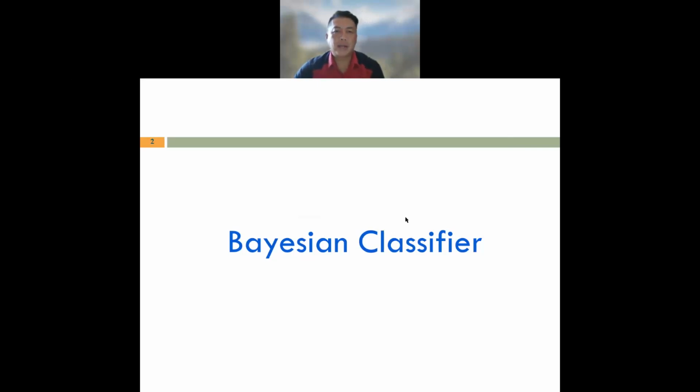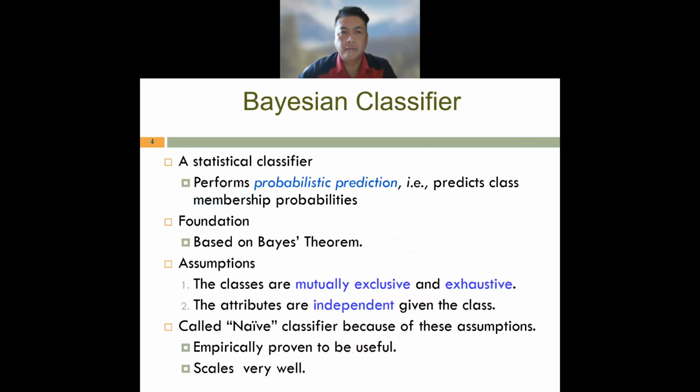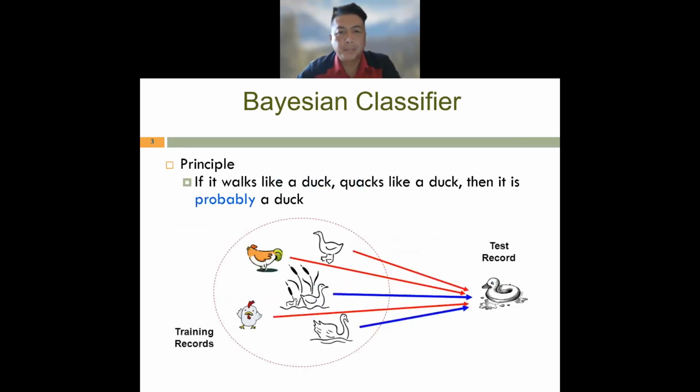The name of the classifier is called Bayesian classifier. Basically, when we have a new item, for example this new test record, we will look into the probability.